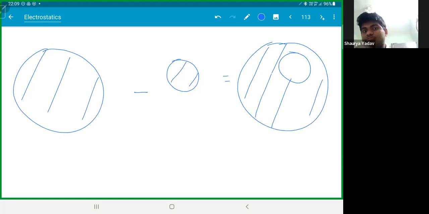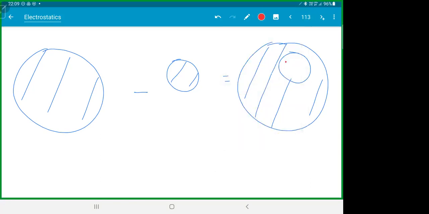Yes. And isn't that what we did even for center of mass? So we are taking some random point here, P, okay? So this is O dash and this is O. So this is O, this is P, this is O dash and this is P. So that means if I can find the field due to this guy, and if I can find the field due to this guy, and if I subtract them, won't I get the answer?